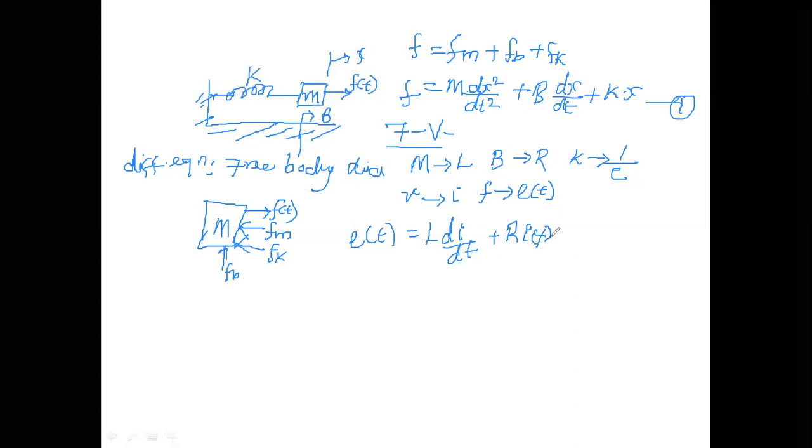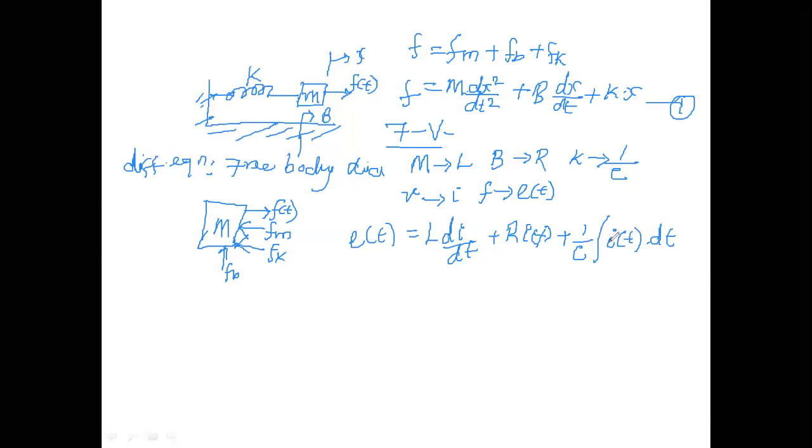Next, for k, instead of k you need to put 1 by c, right? So 1 by c into the integral of I of t dt. For x, how will you write x? x is nothing but a displacement, right? So once you integrate the velocity, you will get the displacement.